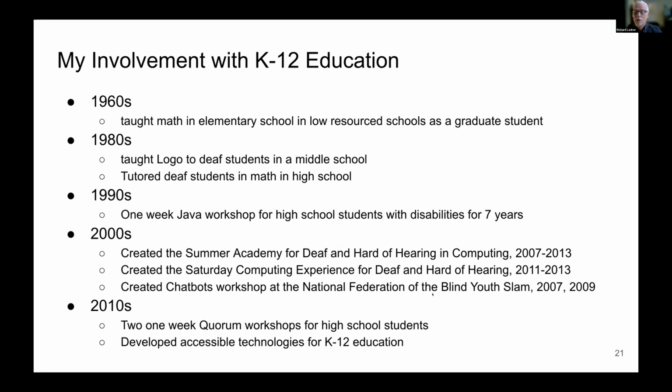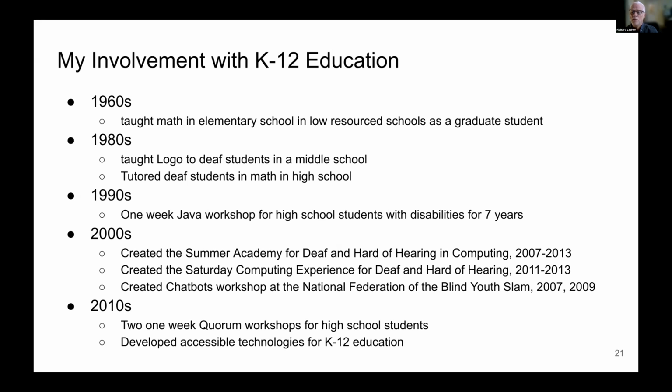In the 1990s, for 7 years, I did a 1-week Java workshop for students with disabilities during the summer, and that was really exciting. And then in the 2000s, I did a lot more. I created a summer academy, which was pretty intense, for deaf and hard of hearing students in computing. And that was 7 years as well. And that was a 9-week program in the summer. So that was pretty intensive. Created the Saturday Computing Experience, which was a Saturday program for 3 years.